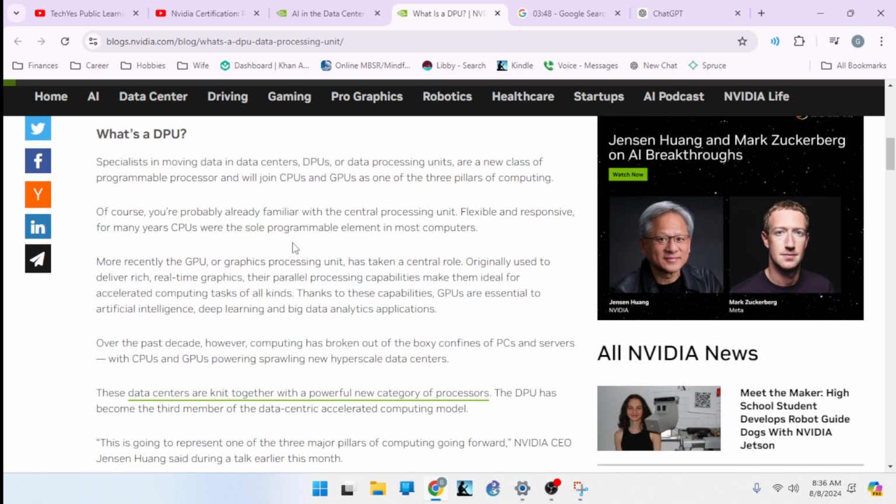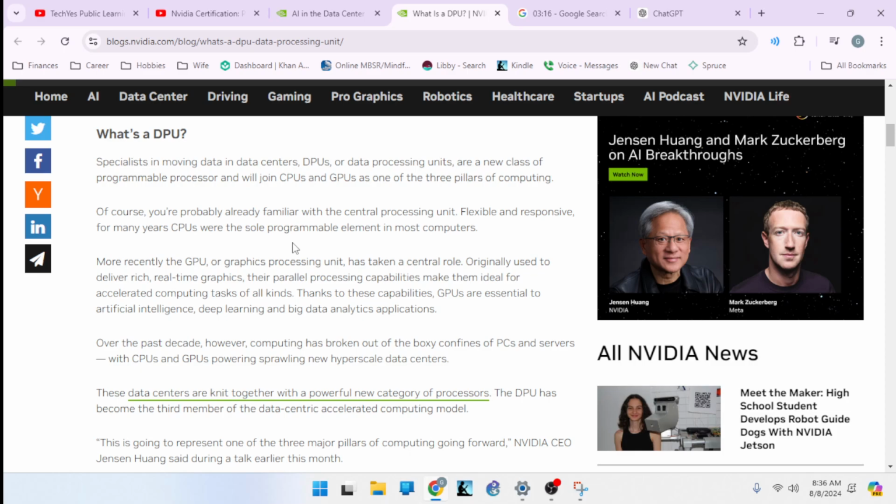What is a DPU? Specialists in moving data in data centers, DPUs, or data processing units, are a new class of programmable processor that will join CPUs and GPUs as one of the 3 pillars of computing. Of course, you're probably already familiar with the central processing unit, CPU. Flexible and responsive, for many years, CPUs were the sole programmable element in most computers.